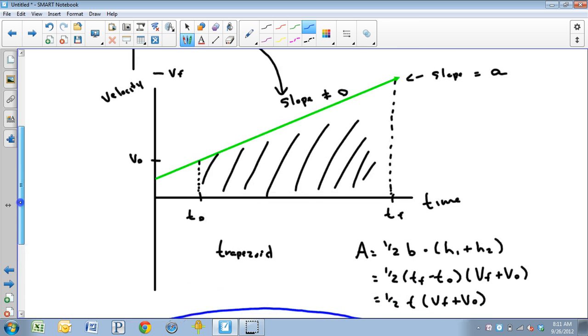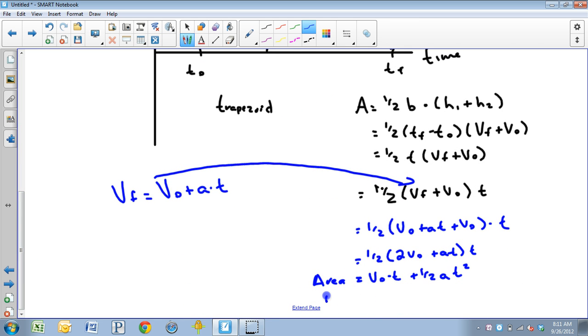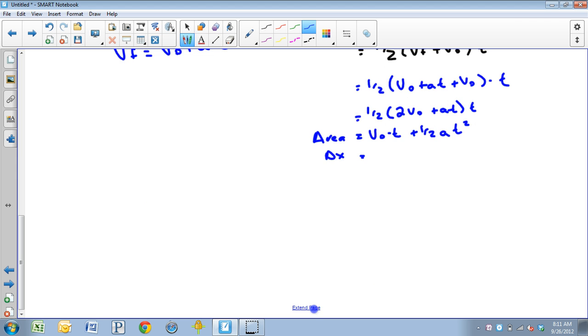It's the area underneath the velocity curve, so this represents our delta x. And so just like we did before, we can now say that this is x final minus x initial, and we can come up with our third kinematics equation, which is that x final equals x initial plus all of this stuff up here, V0t plus 1/2 at squared.